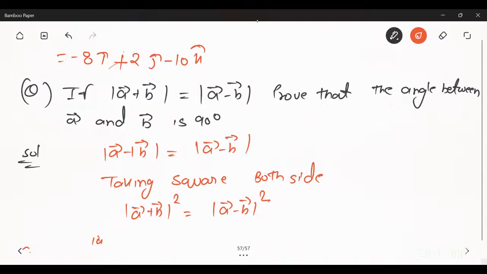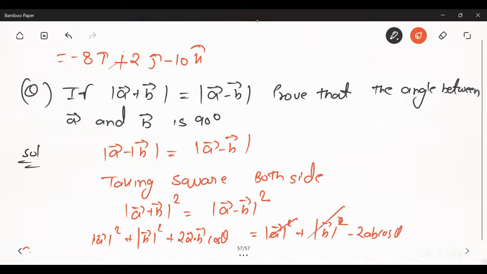On solving, you will get |a|² + |b|² + 2ab cos θ. And here, |a|² + |b|² − 2ab cos θ.